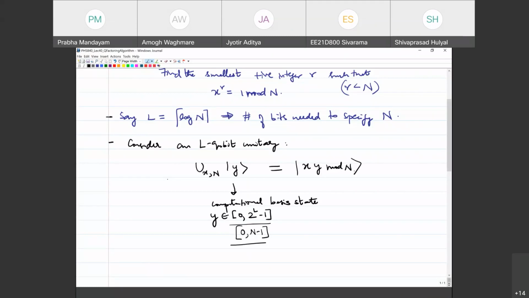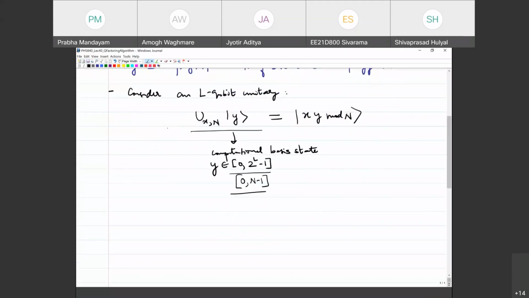So first of all, what tells me that this is even a unitary? Let us note a few things about this kind of a transformation. Suppose we act this on two different basis states.